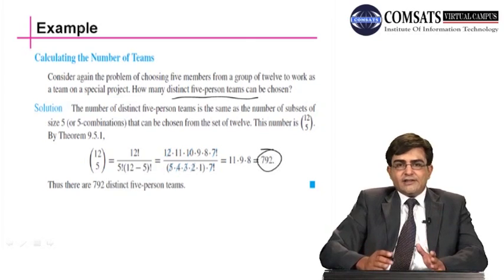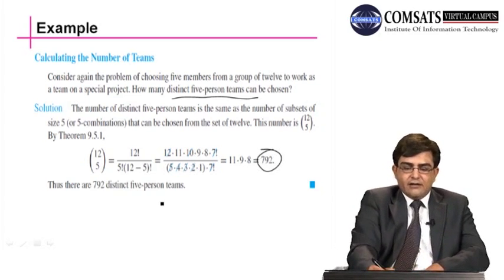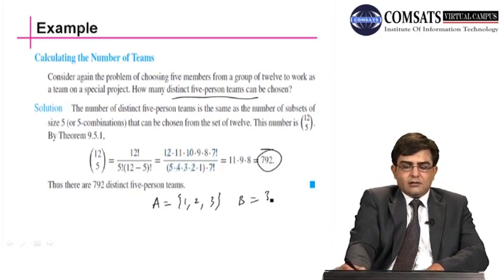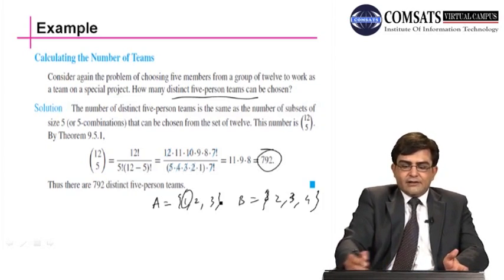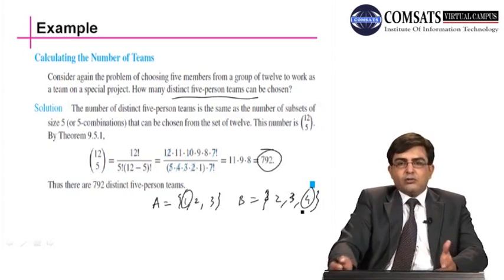Whereas disjoint sets means that their intersection is empty. That is, if we have two sets A = {1, 2, 3} and B = {2, 3, 4}, then these two sets are distinct because at least one element is not common in these two sets.